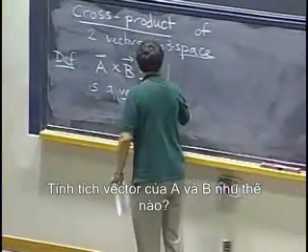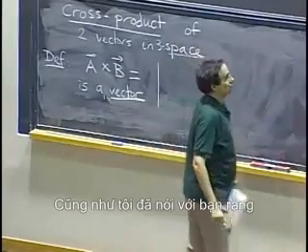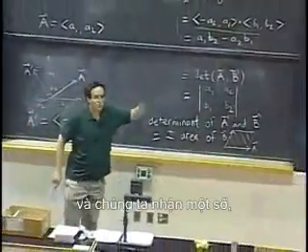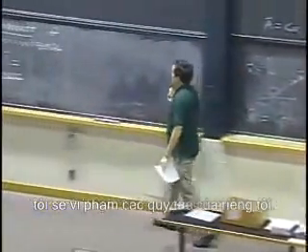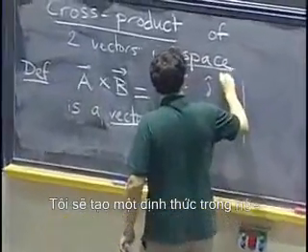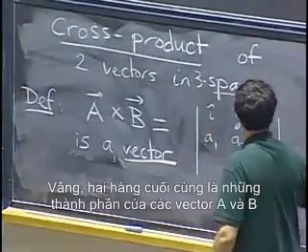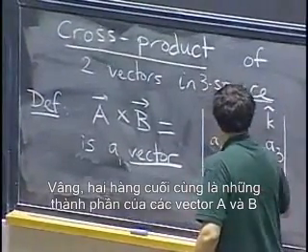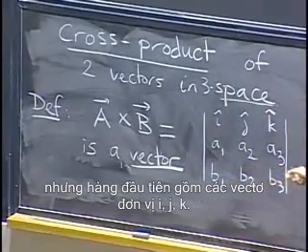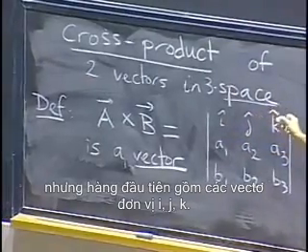Okay, so what do we do to do the cross product of A and B? Well, we do something very strange. Just after I've told you that a determinant is something where we put numbers and we get a number, I'm going to violate my own rule. I'm going to put together a determinant in which the last two rows are the components of the vectors A and B, but the first row, strangely, consists of the unit vectors i, j, k.